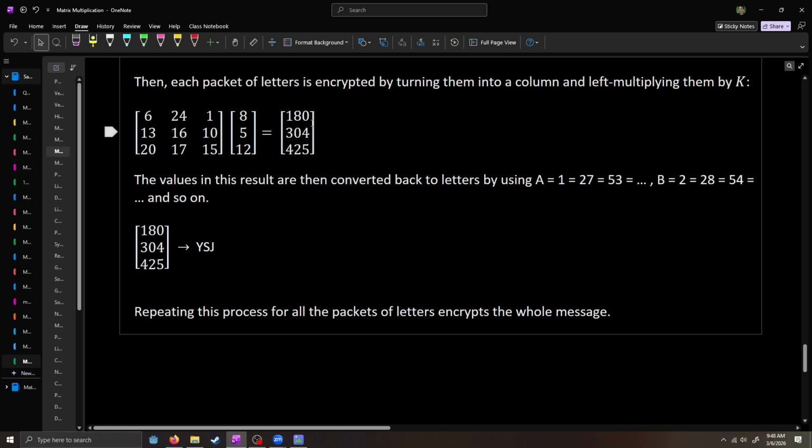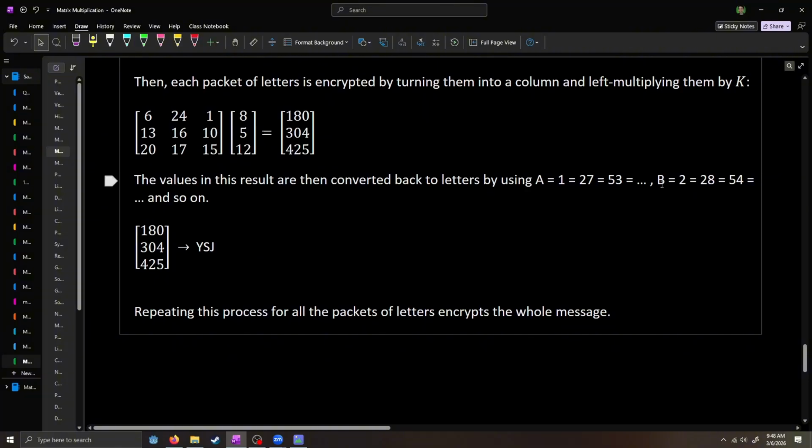So now that I have gotten this numerical result from applying the encryption key to that packet of letters, I have gotten the values 180, 304, and 425. And we're going to take those values now and convert them back into letters, using, again, a numerical mapping that A corresponds to 1, and it also corresponds to 27 and 53 and so on.